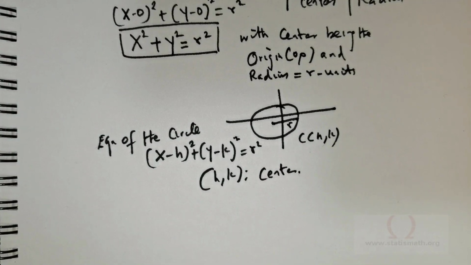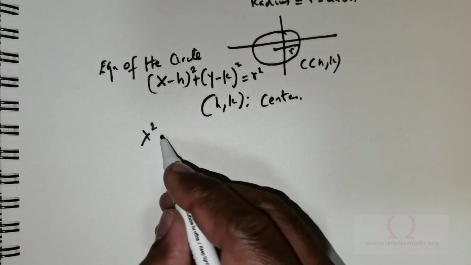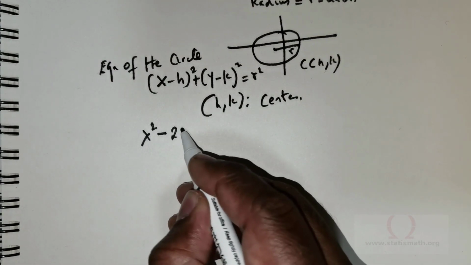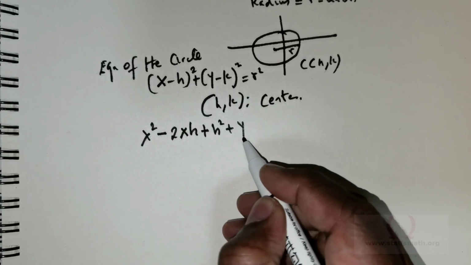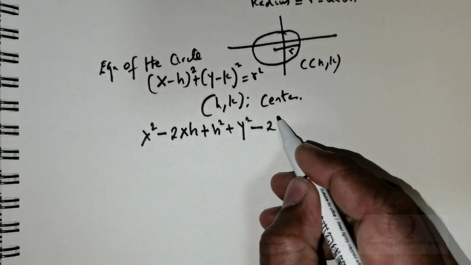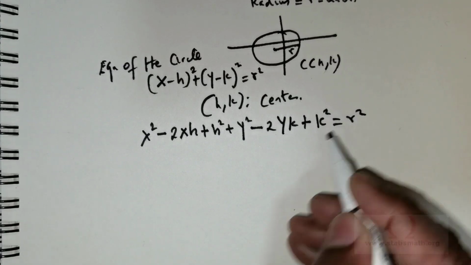Now if you were to expand this and rewrite this, you would get something of this form: x² − 2xh + h² + y² − 2yk + k² = r².